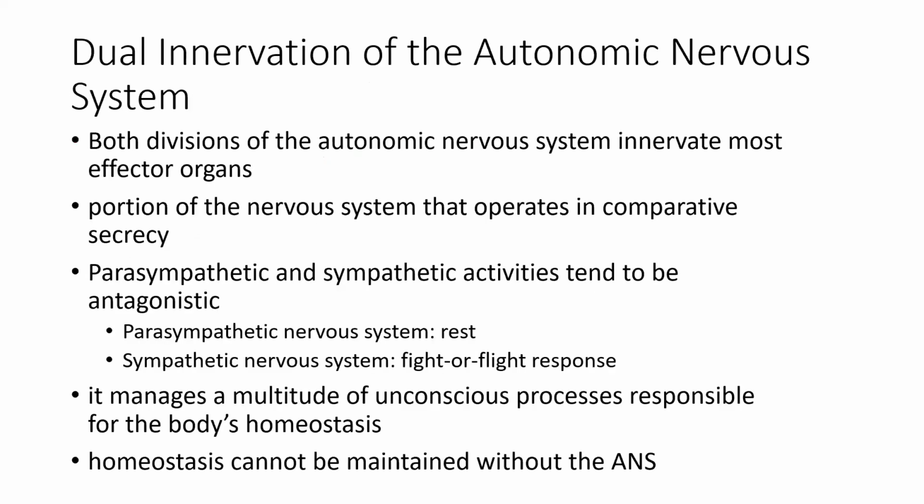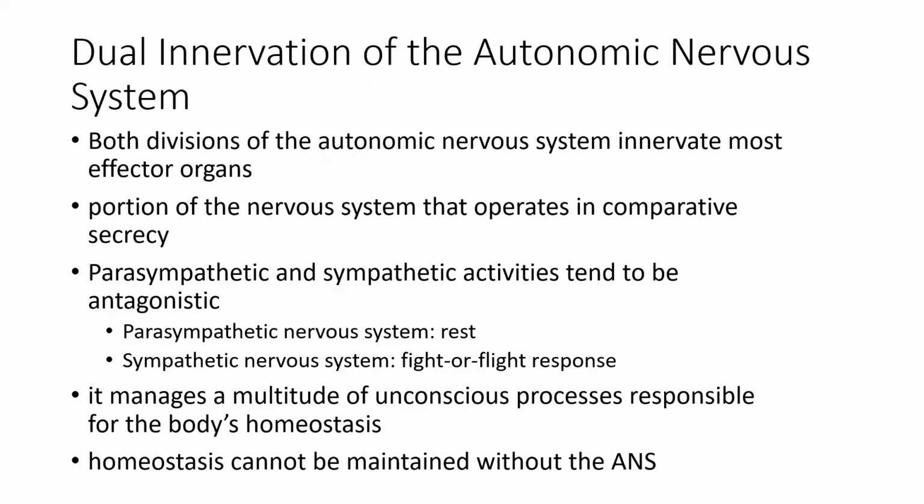So, a kind of backstory here: the autonomic nervous system is really the secretive part of the nervous system. It's the involuntary branch. This is not controlled by us voluntarily. This is pretty much everything else that's happening in the background.